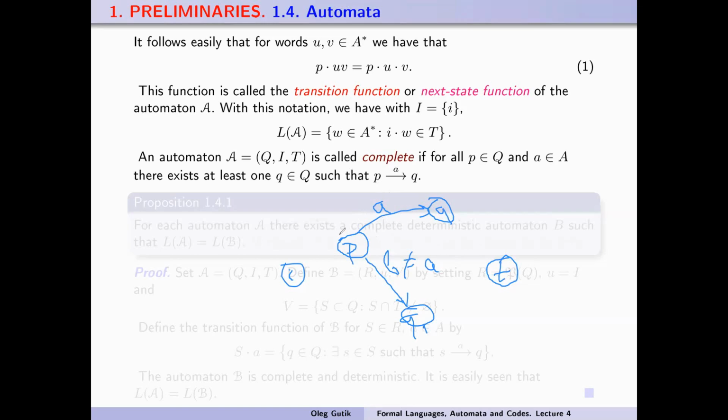For example, if we have the following automaton with a state Q2, which is denoted by the word B, and this automaton contains such an edge, this automaton is not complete.